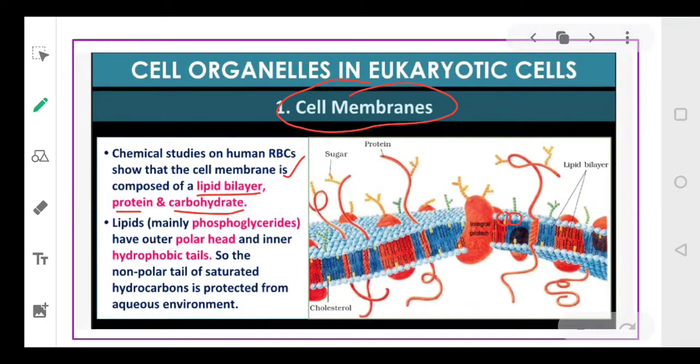So heads are projected outward, which are called polar heads, and the tails are hydrophobic in nature. So the non-polar tails of the hydrocarbons are protected from the aqueous environment. As you can see, the arrangement can be seen in the diagram. It consists of two layers of lipids, then there is a protein layer, and then there is some amount of carbohydrates which are also present.